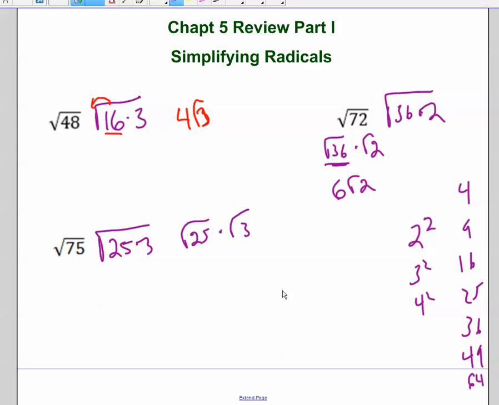Okay, there we go. So we have radical 25 times radical 3. And of course, this is nothing more than 5 radical 3. So that's how you're going to approach all these. And again, we're keeping these very, very basic. We're not throwing in variables, x squared, things like that.